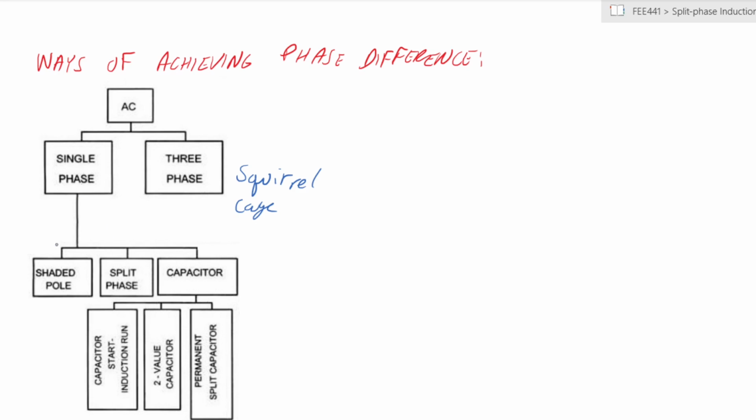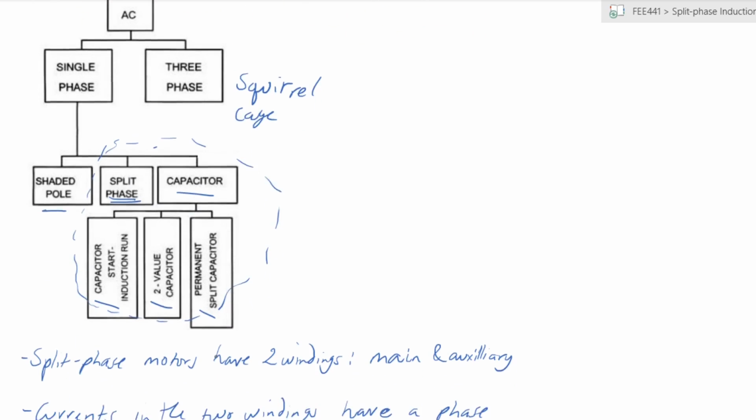We have three main types: the shaded pole, split phase, and capacitor. For purposes of this discussion, we will take the split phase and the capacitor motors together. So we are going to talk about split phase, capacitor start and induction run, two value, and permanent split. Those are the four types of motors that we are going to talk about.